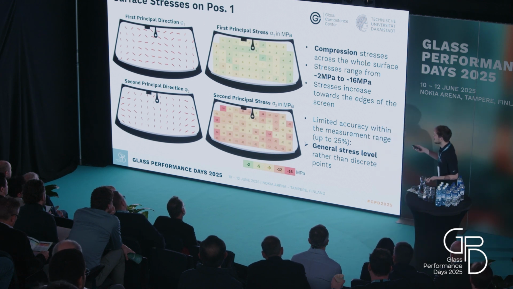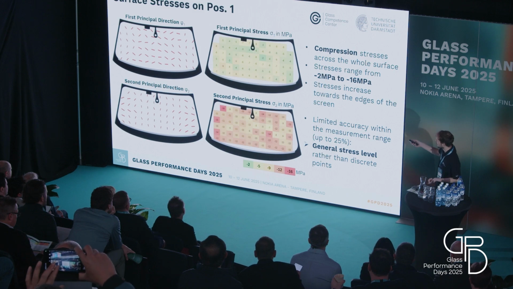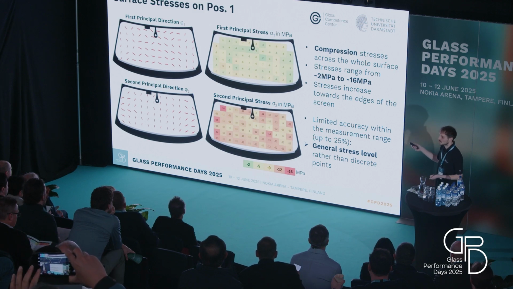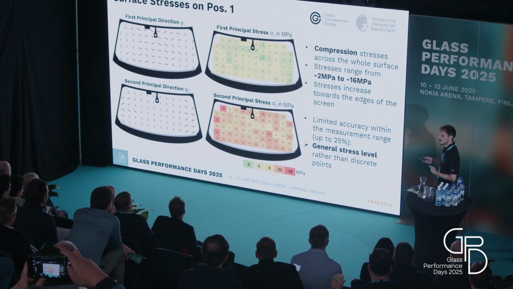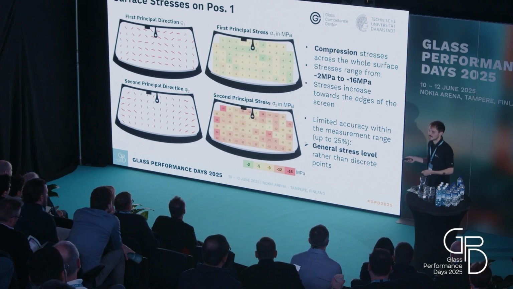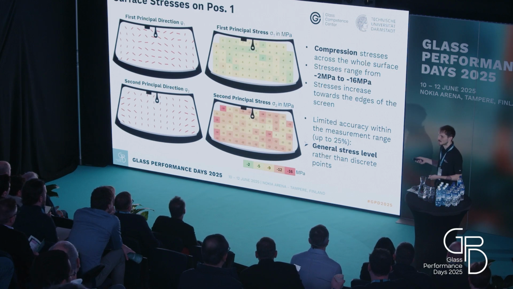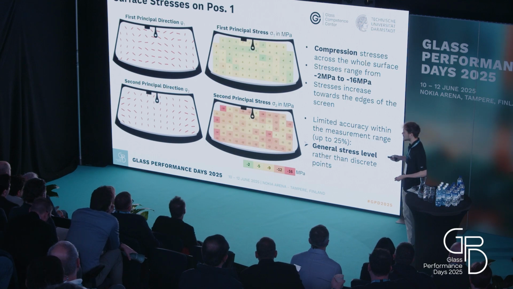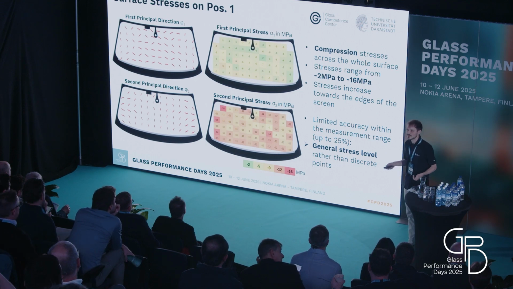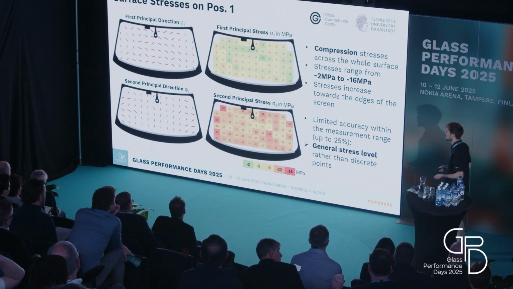This doesn't hold for the whole windscreen, but we have areas where this is a problem, so we have to acknowledge that. What we see here is more of a general stress level rather than statements about discrete measurement points. But nevertheless, I think we can get a pretty good picture of how these stresses are distributed across the surface of the windscreen.